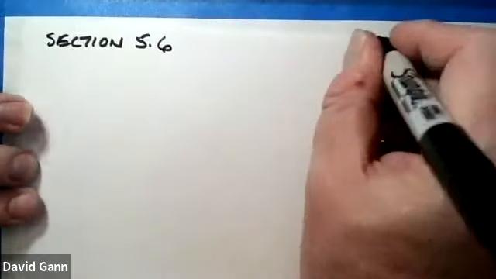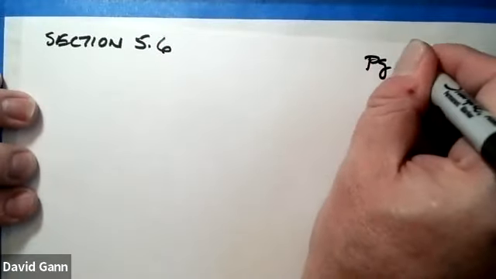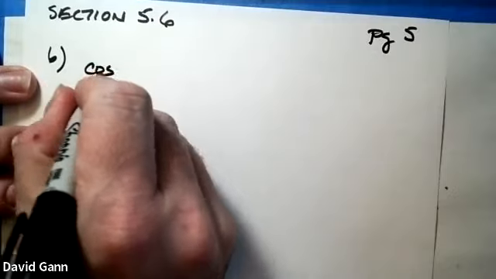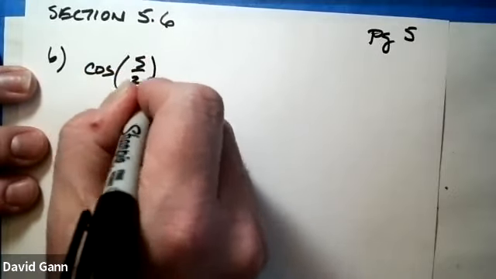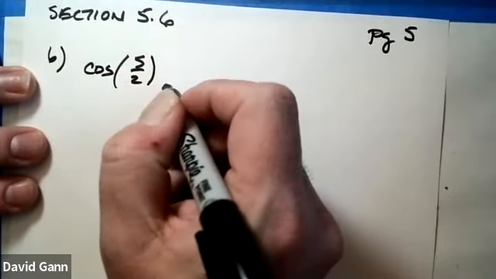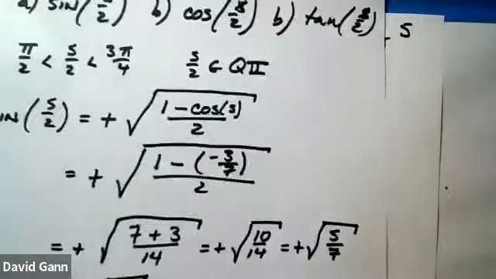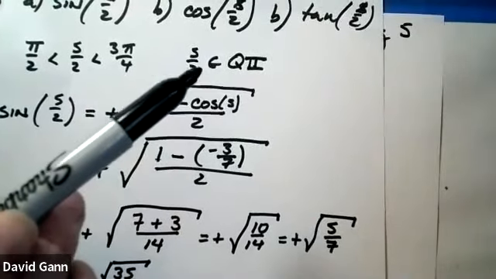So I believe we're on page 5 now. Okay, so part B was to find cosine of S over 2. Recall the formula for cosine of S over 2, and because S over 2 is in quadrant 2, just a quick reminder, cosine is negative.